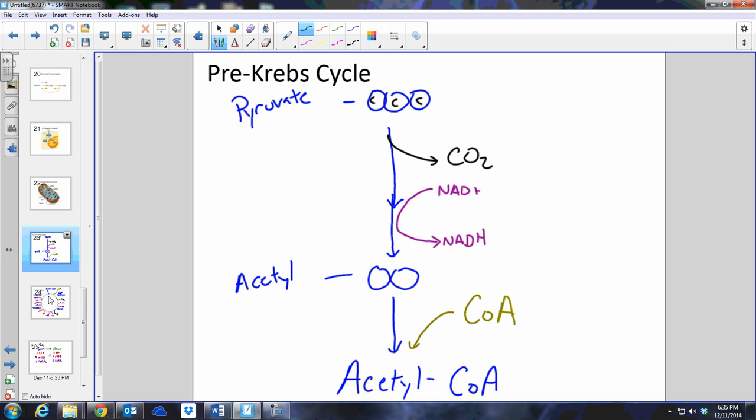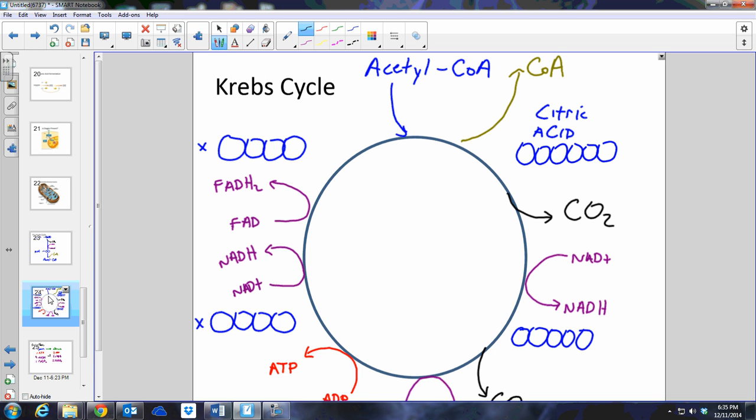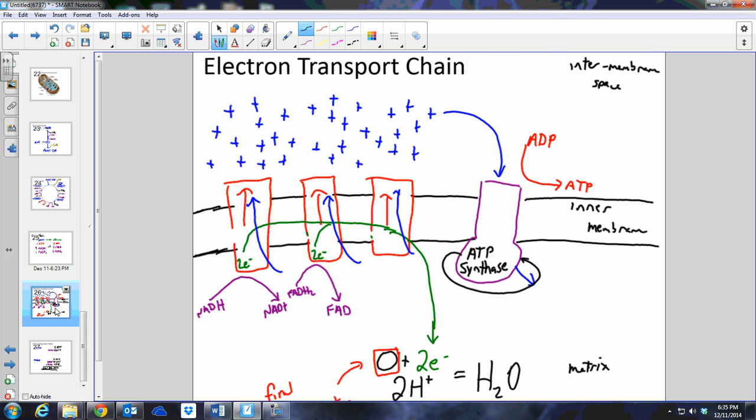The purpose of the Krebs cycle: pyruvate feeds in and electron carriers come out. We also happen to make 2 ATPs there as well. And then lastly, the electron transport chain converts each one of those electron carriers, with the process of creating a concentration gradient and in the presence of oxygen, into ATP.